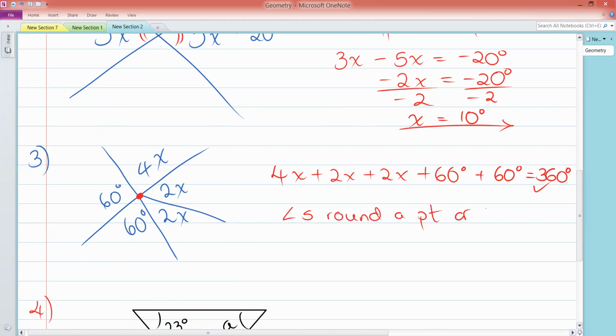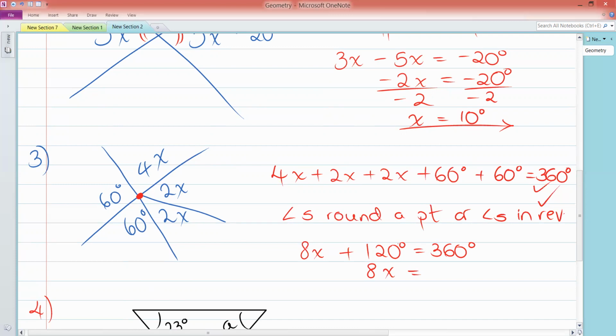What's the other reason for this one? Angles in a revolution. Yes, awesome. Now let's group like terms. 4x plus 2x plus 2x, that gives us 8x. 60 plus 60, that gives us 120, equal to 360.